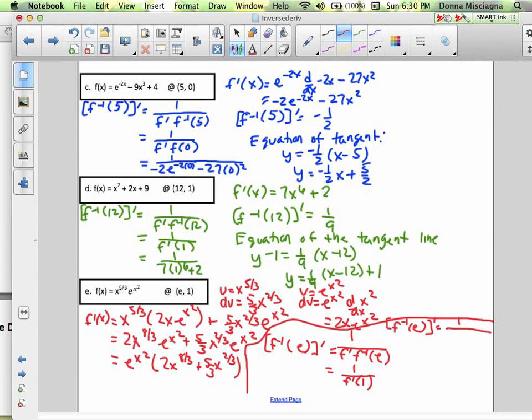So then we have 1 over e to the 1 squared times 2 times 1 to the 8/3.